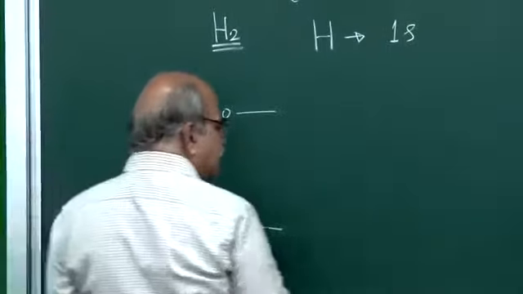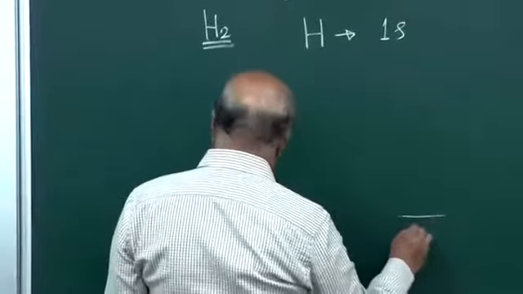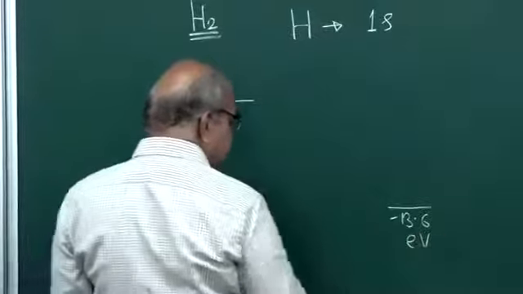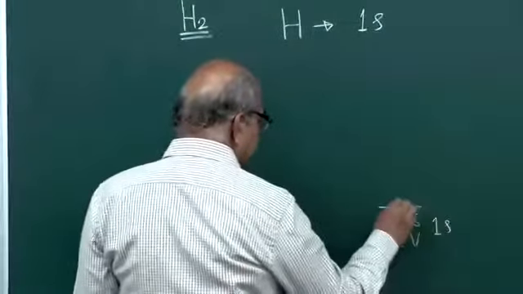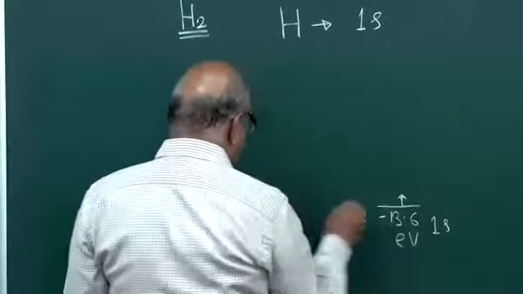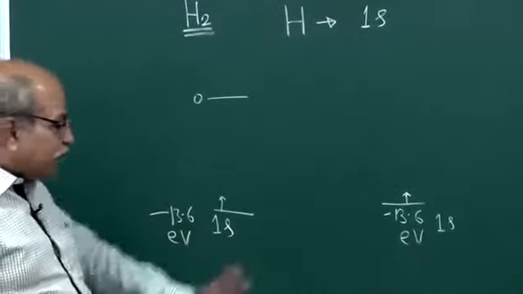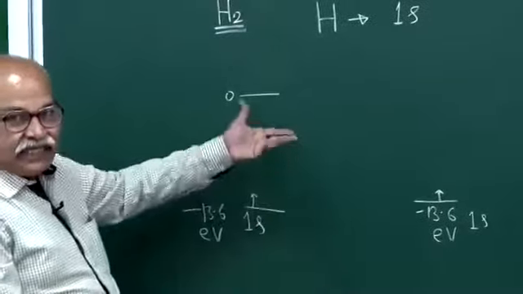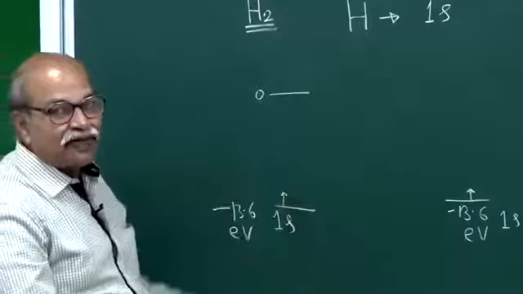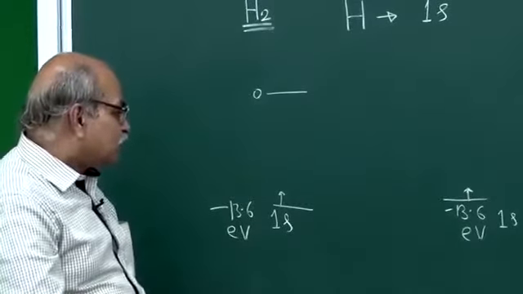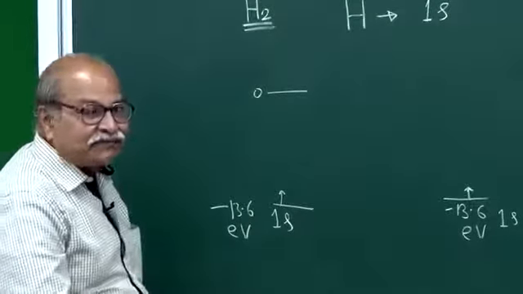For the other atom also, you have the same energy, minus 13.6 eV, 1s. So that electron is here, and this electron is here. Spin could be in any of the states, plus half or minus half. Now if they are brought closer, what happens?